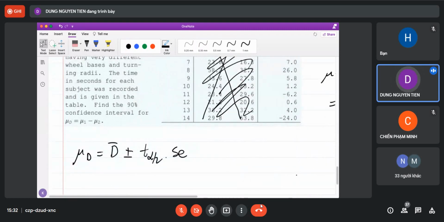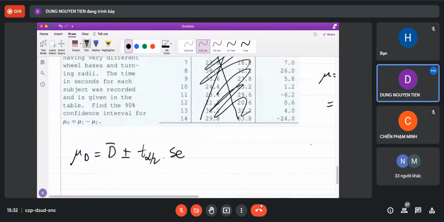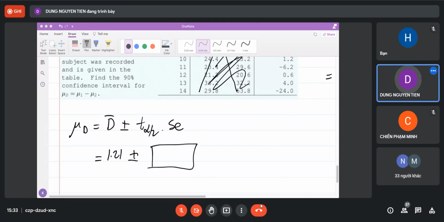So you can check that. Okay, so what do you get here? You can find the average value of this column, and the average value is 1.21, I think. 1.21 plus or minus the t value times the standard error, and the standard error is s over the square root of n.